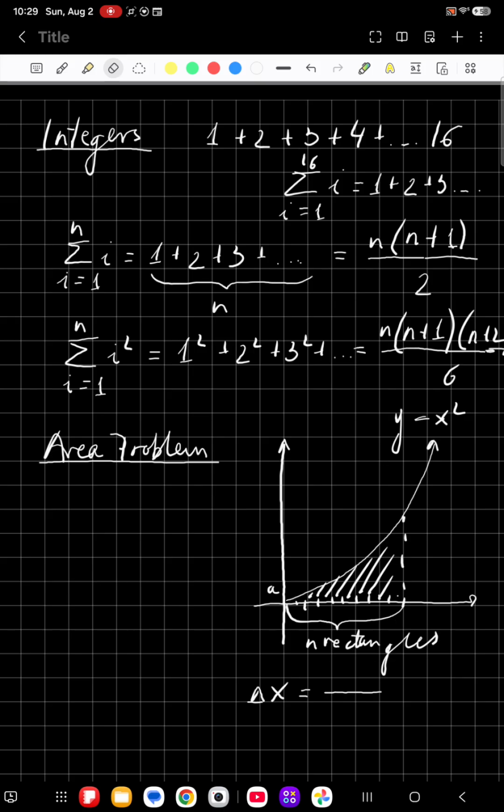That B kind of disappeared here, so that's B right there. So that's going to be B minus A, the distance between B and A, divided by how many rectangles we have. In our case, we'll have 4 minus 0 divided by n, so that's going to be 4 over n.